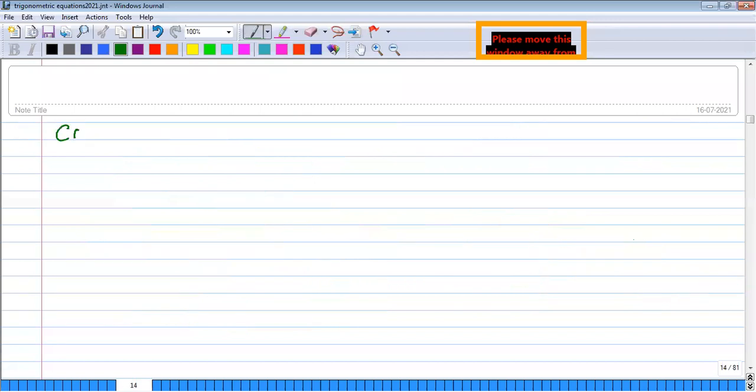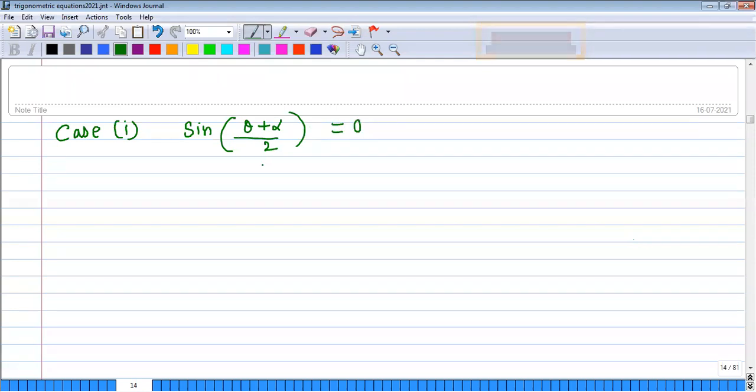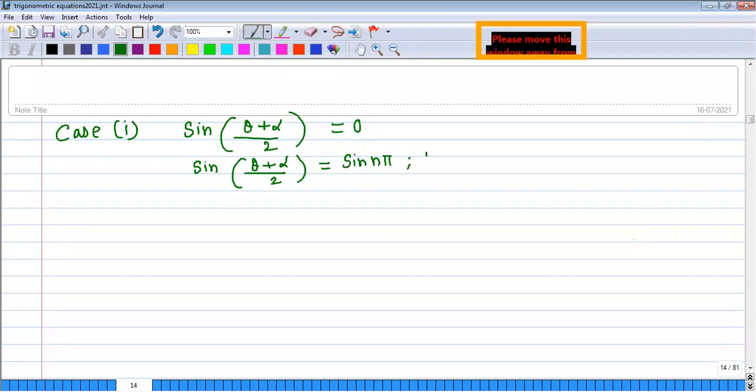So now two cases will arise. Case 1: sine of (theta plus alpha) by 2 is equal to 0. Case 2: sin of (theta minus alpha) by 2 is equal to 0, which we shall discuss later. Now sine of (theta plus alpha) by 2 equals sin n pi, where n belongs to Z, integers.